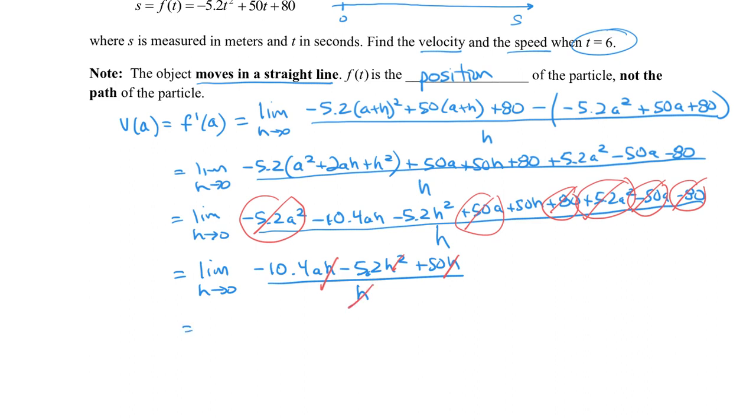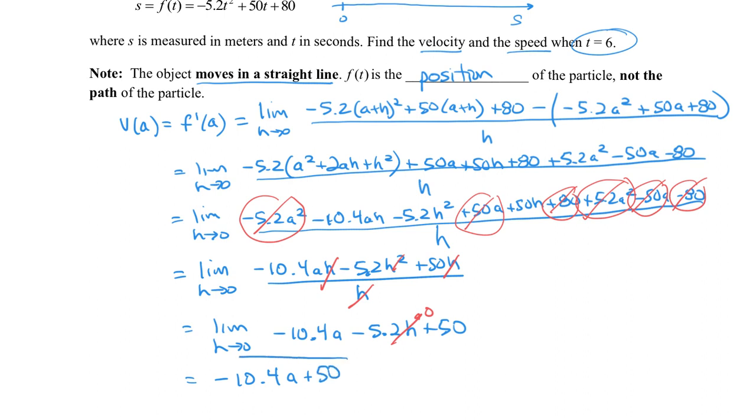And finally we get equals the limit as h approaches 0 of negative 10.4a minus 5.2h plus 50. Finally, we can take the limit. This term goes to 0. So we take the limit. There's no more limit there. We get negative 10.4a plus 50. So this gives us the velocity at any time a.